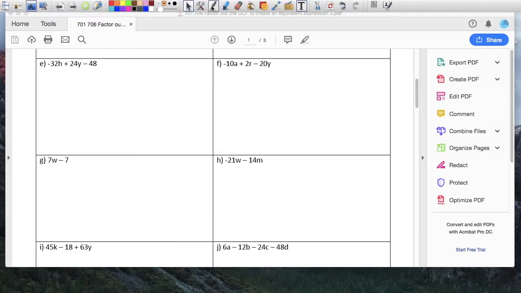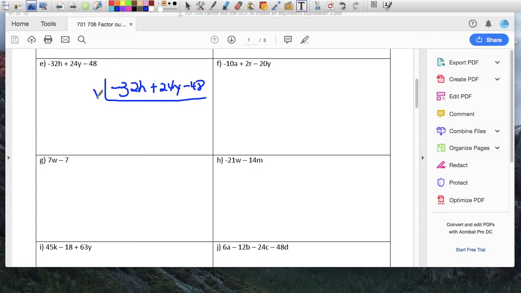This one is just longer, the same idea though. -32h plus 24y minus 48. We can do 2. Can we go higher? We can do 4. Let's try 8.